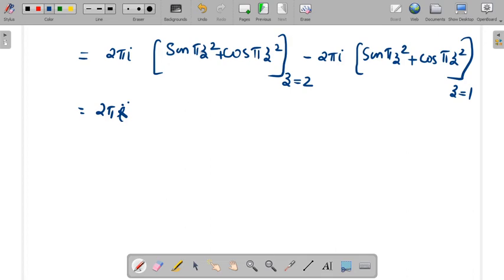When z is 2, we get sin 4π, which is 0, and cos 4π is 1. So 2πi times 1, minus 2πi times, when z is 1, we get sin π, which is 0, and cos π is −1. So we get the answer as 4πi.